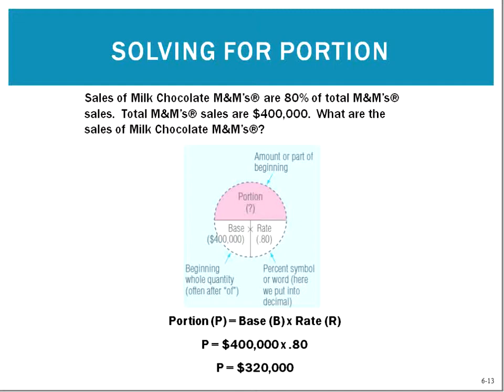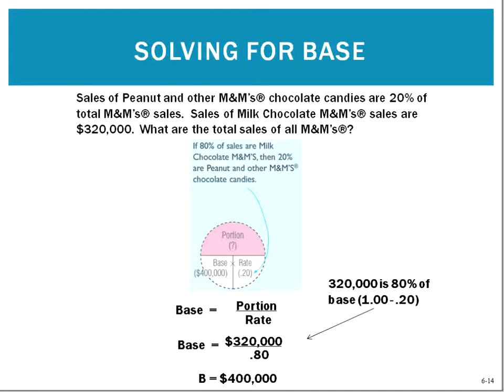You should still be selling at least $320,000 of the milk chocolate, but you want everything else to increase. You don't want the total to just be 400,000. You want it to be maybe 500, 600,000. I hope you can connect the dots between what we're doing in business math and how we apply that to business and business skills in general.